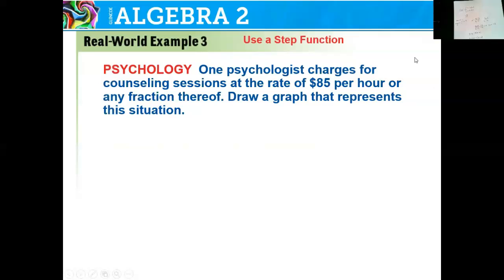Okay, so using a step function. It says one psychologist charges for counseling sessions at the rate of $85 per hour or any fraction thereof. Draw a graph that represents this situation. Here we have to pick out important information.